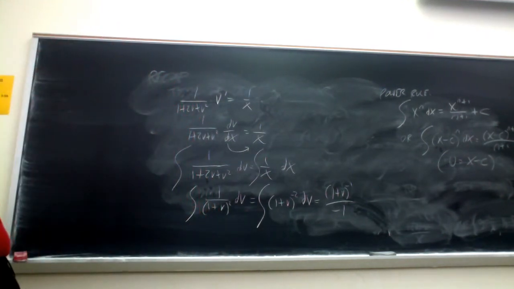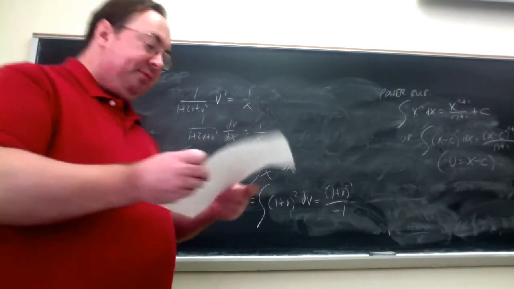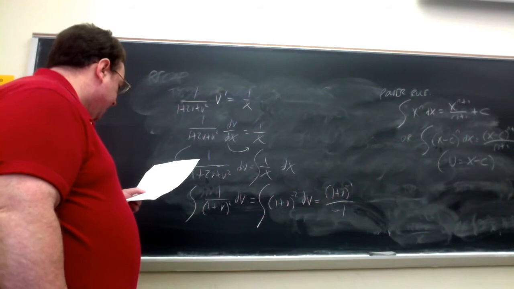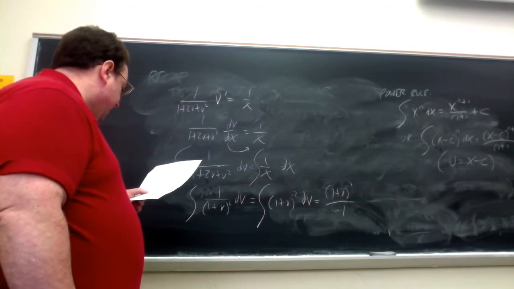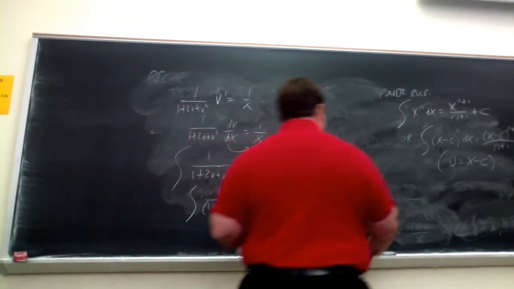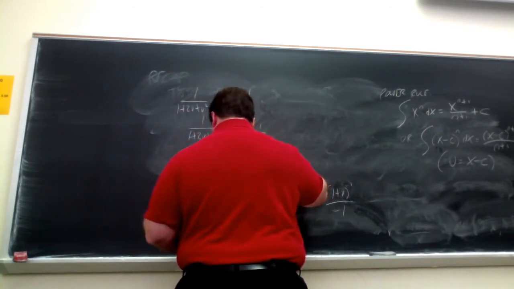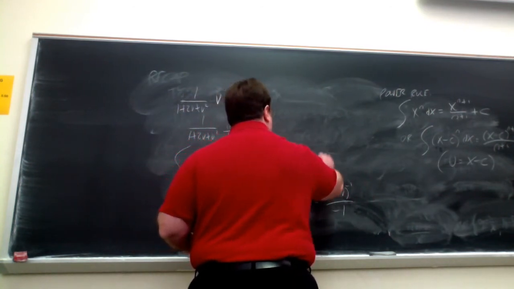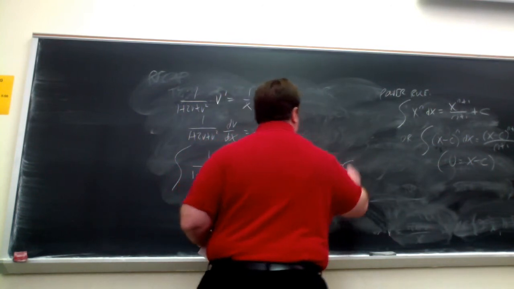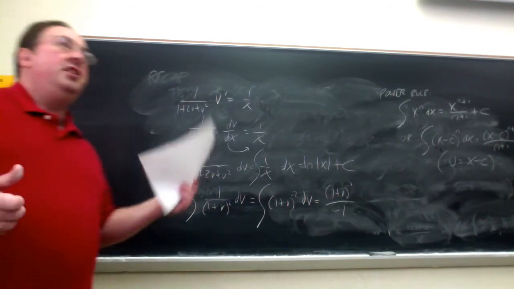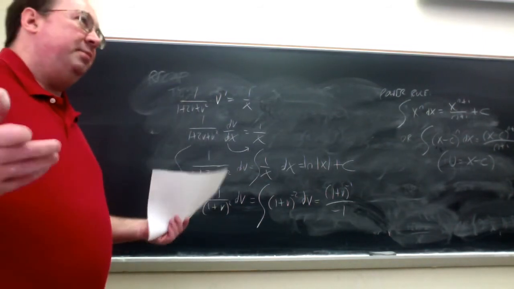Okay, all right. So that's the left side. And then on the right side, of course, we have natural log of the absolute value of x. And there I'll put the plus c. When you have indefinite integrals on both sides of the equation, you only need one plus c because it's arbitrary.